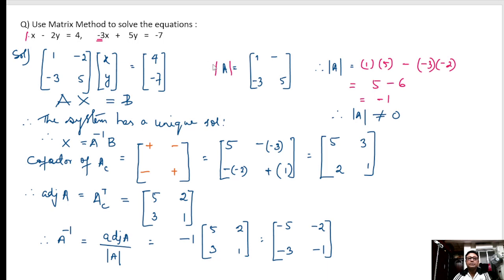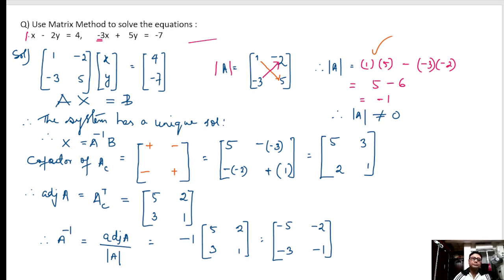Let me write it here first. So how to find the modulus of the matrix? First you will do 1 into 5, and then you will do minus 3, minus of this into this, minus of this into this. Clear? So this gives you the value of mod A.